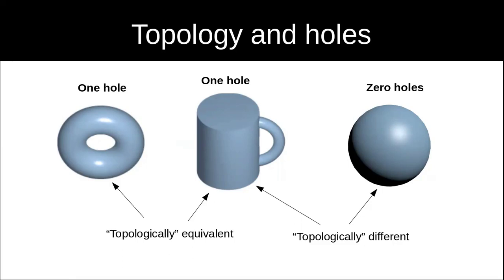If the sphere is, for example, filled with air, then you cannot easily transform a sphere into a torus or a donut without breaking your surface. In this way, we say that the donut is topologically equivalent to the cup, but they are topologically inequivalent to the sphere.